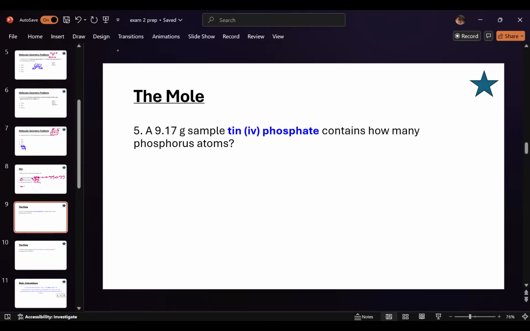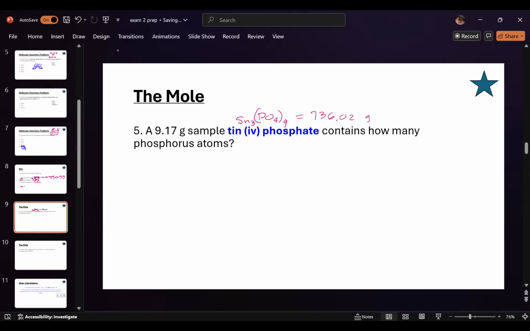This is the mole question. It's asking how many phosphorus atoms you have in a specific sample of 9.17 grams of tin 4 phosphate. We just did this, it's Sn3(PO4)4, and I did calculate in advance the molecular weight of this.